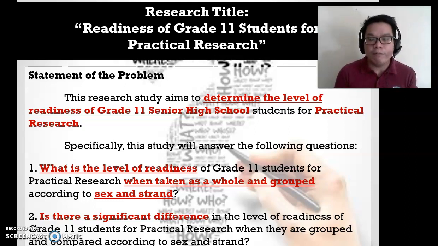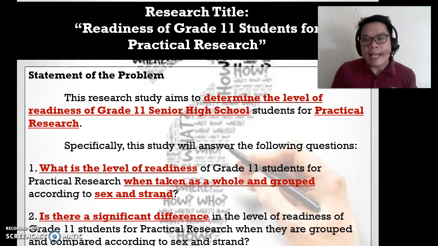I opted to have groupings in the independent variables, the sex and the strand, and then the dependent variable will be the level of readiness. It means I want to study whether or not there's a difference in the level of readiness in terms of male and female, and in terms of STEM, ABM, or arts and design. So my first descriptive question will be, what is the level of readiness of grade 11 students for practical research when taken as a whole and grouped according to sex and strand?